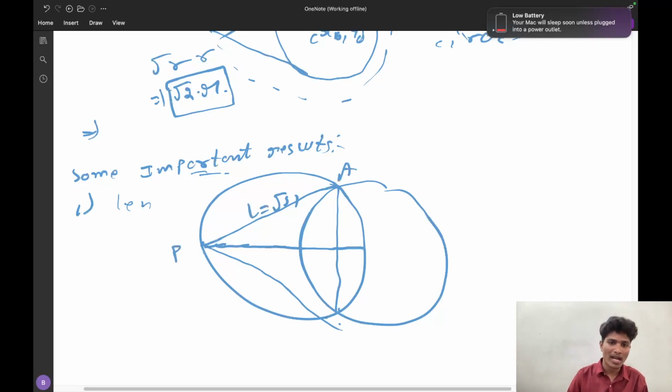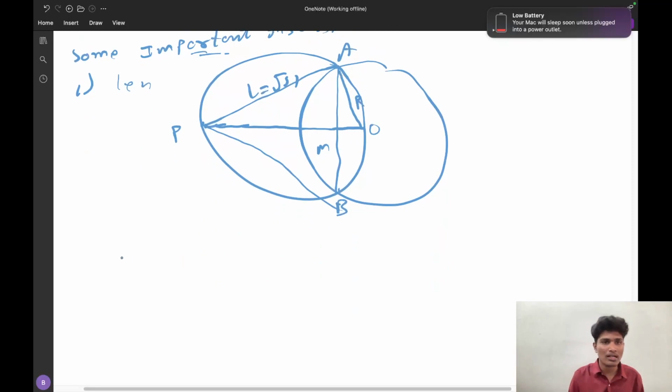This is point A, and this is point B. This is R, because it is the center, and this is M. By observing the diagram, we have to see what the length of the chord is.